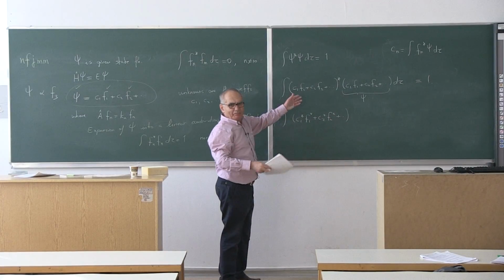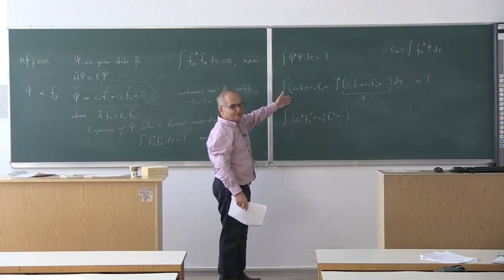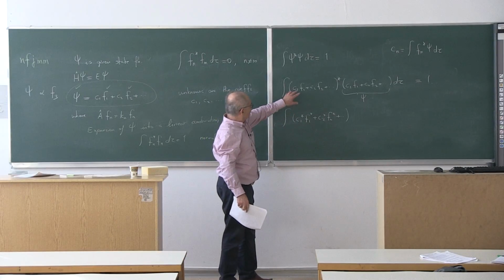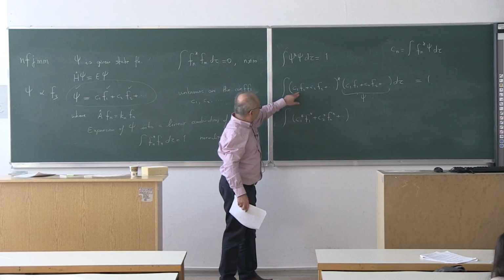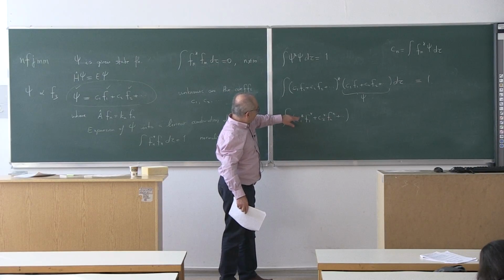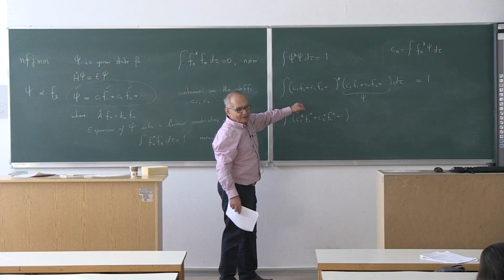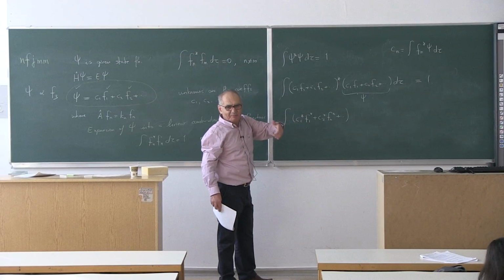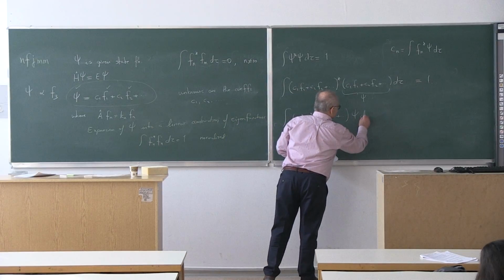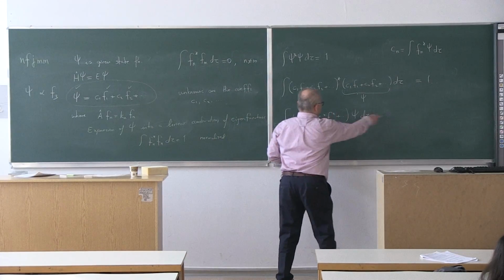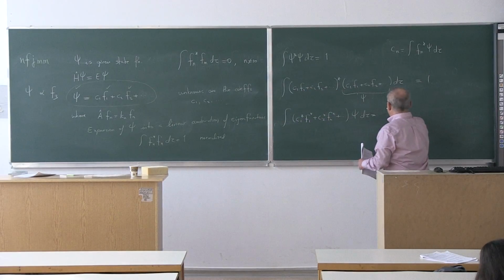Complex conjugate of a sum is the same as complex conjugate of the added terms, and the complex conjugate of a product is the complex conjugate of each factor multiplied. These are simple properties from complex numbers. Now, this way it is easy.